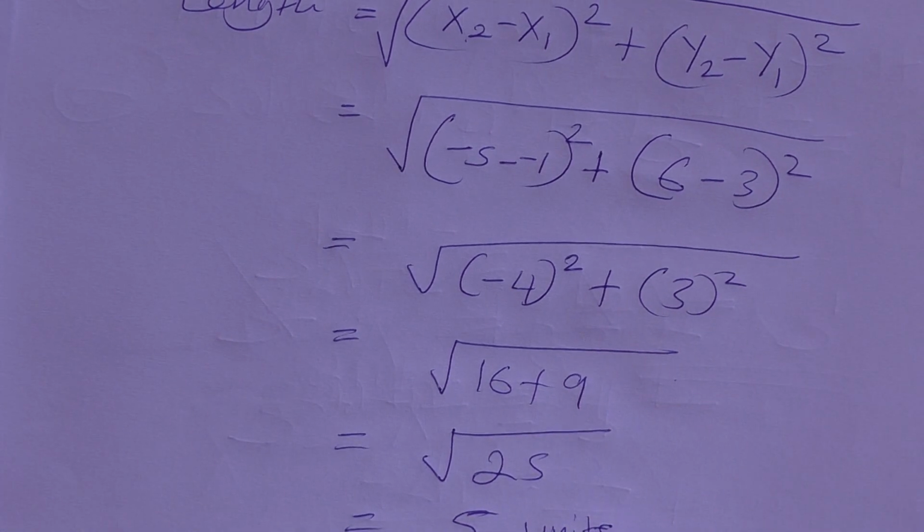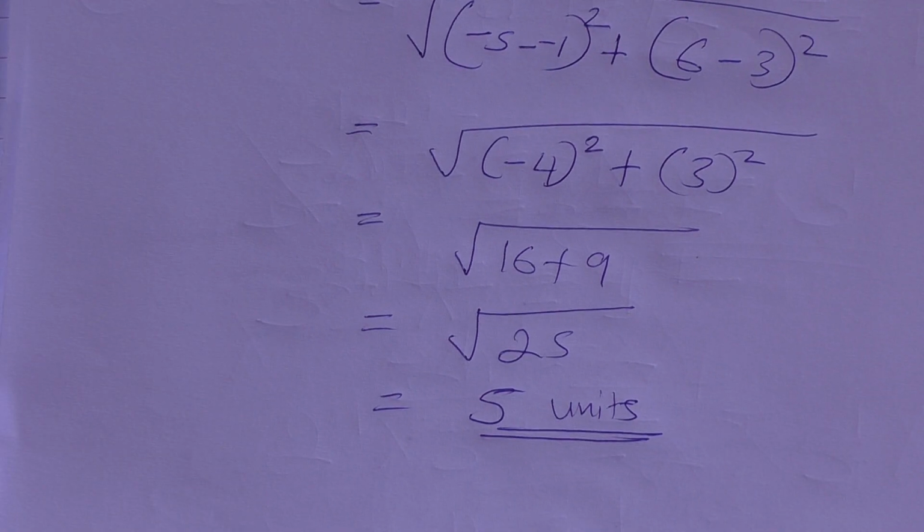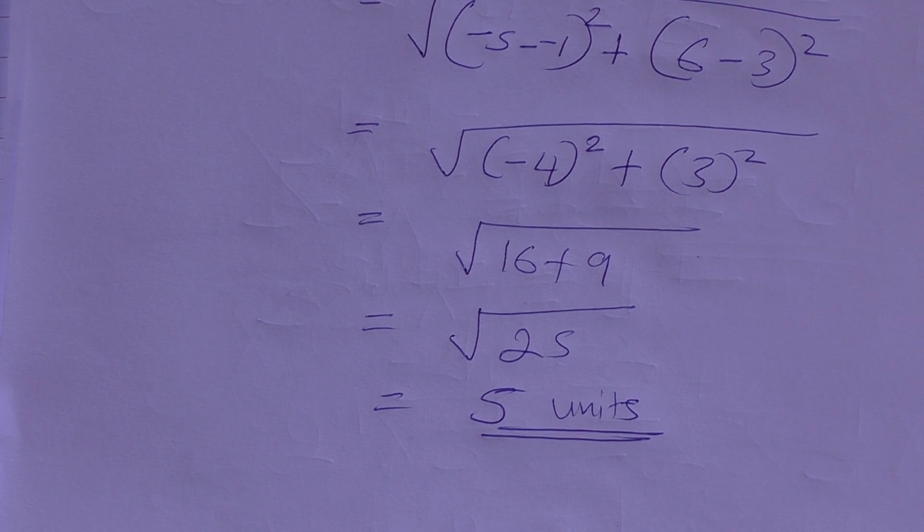Meaning there are 5 units between A and B. That is how we find the length between points on the Cartesian plane.